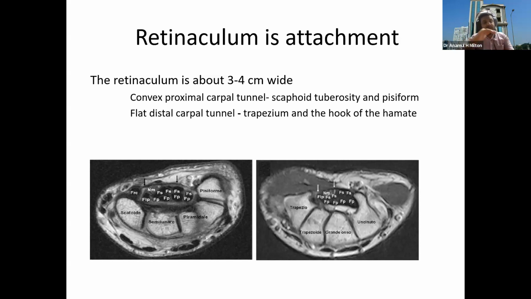The proximal part is convex, and the distal part is flat, and it is attached to the trapezium as well as the hook of the hamate. So this is very important: proximally it is attached with the scaphoid and the pisiform, and distally it is the trapezium and the hook of the hamate.